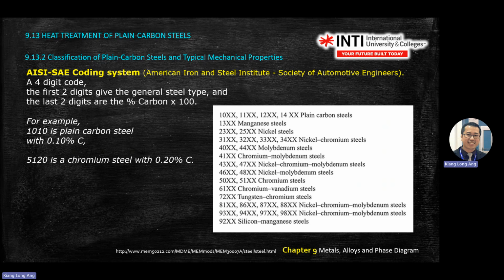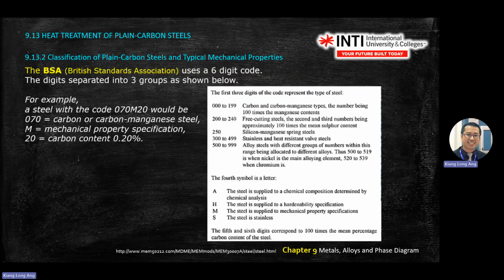If you're doing your FYP dealing with materials, remember to refer to all this coding. When you do your FYP, don't just mention steel. What kind of steel? What code do you use? And there's another standard called British Standard, BS.